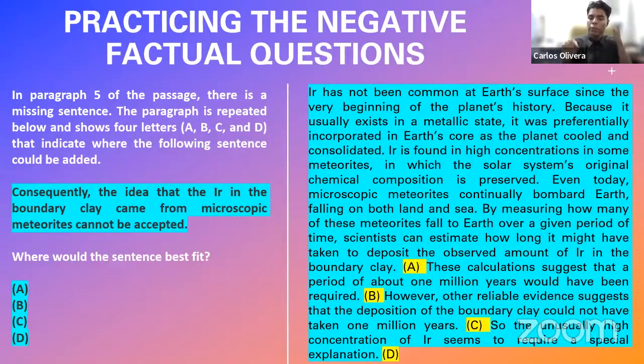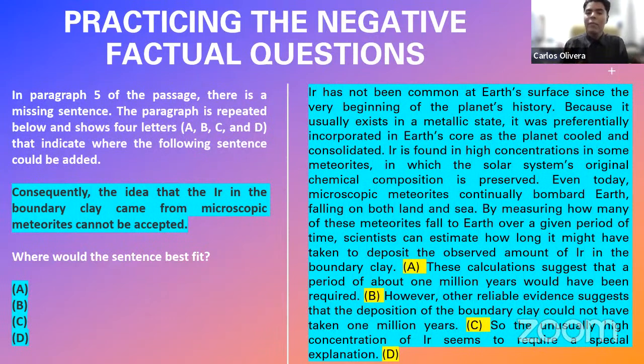So the correct position where this goes would be option C, as Carlos was remarking. Why? Because you see that the sentence, however, all the reliable evidence suggests that the deposition of the boundary clay could not have taken 1 million years, is basically the sentence that is eliminating the possibility of the meteorites being the correct hypothesis.